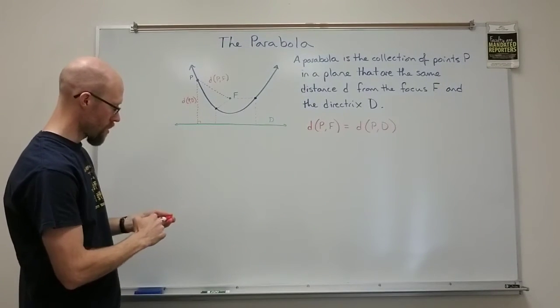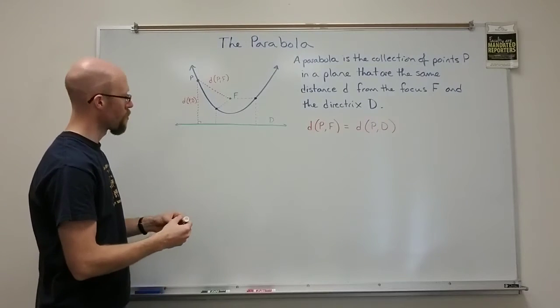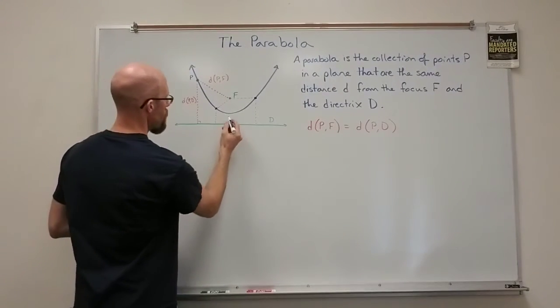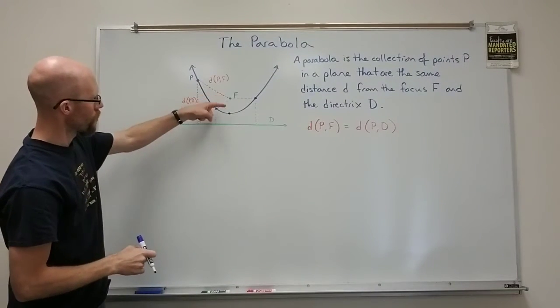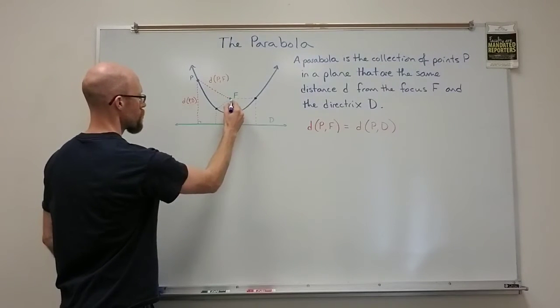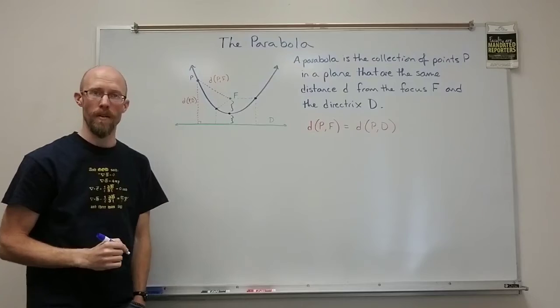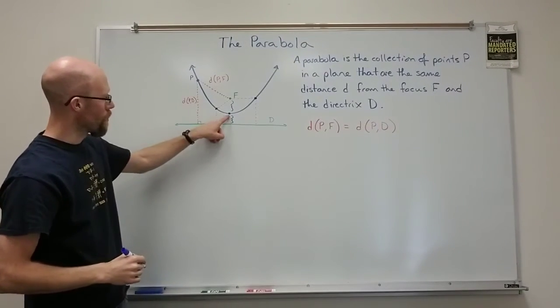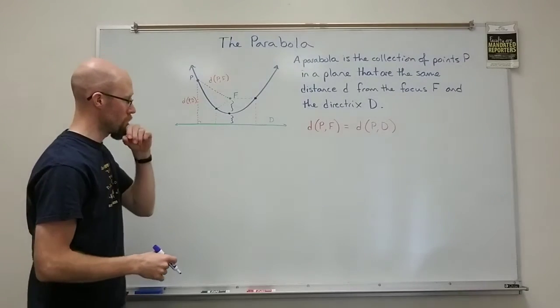What's also interesting is that there's a minimum distance. There's one point that has the minimum distance, and that is right here, halfway between the focus and the directrix. It has to be halfway in order for the two distances here to be the same. That particular point is called the vertex of the parabola. We've talked about vertices before.